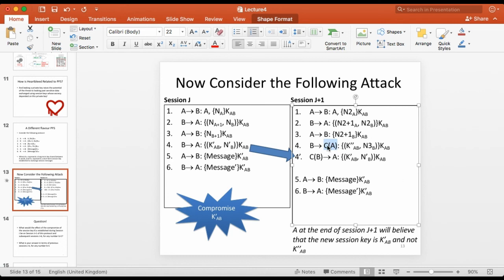So Carol intercepts this fourth message, which is part of the second session, J plus 1.